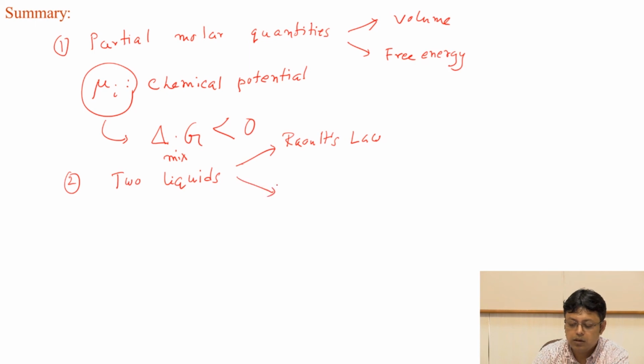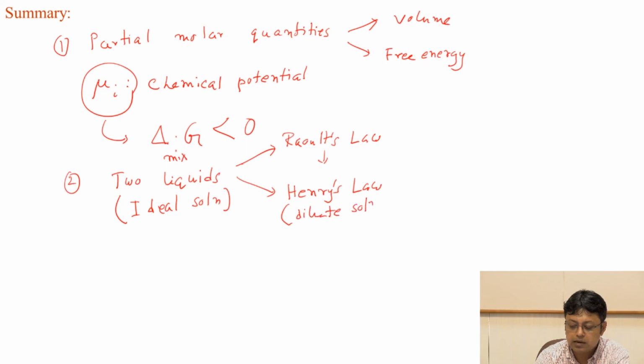And these solutions which obey Raoult's law or Henry's law are called ideal solutions. Raoult's law does not apply for the dilute condition with respect to a particular component, and that component doesn't obey Raoult's law; for that there is Henry's law, which is for the dilute case.